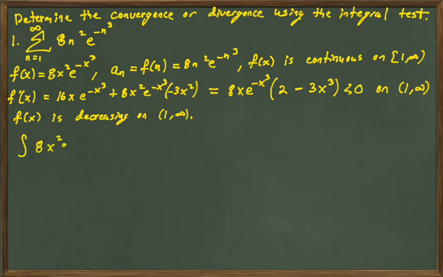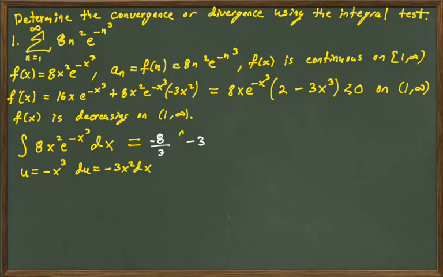So the integral of 8x squared e to the negative x cubed dx. I'm just going to integrate it, and then we'll put it in the improper integral form. So this is a u substitution. u is equal to negative x cubed. du is equal to negative 3x squared dx. Okay, so we need a negative 3, so we're going to go ahead and divide by negative 3 and multiply by negative 3, so we have a nice clean substitution there.